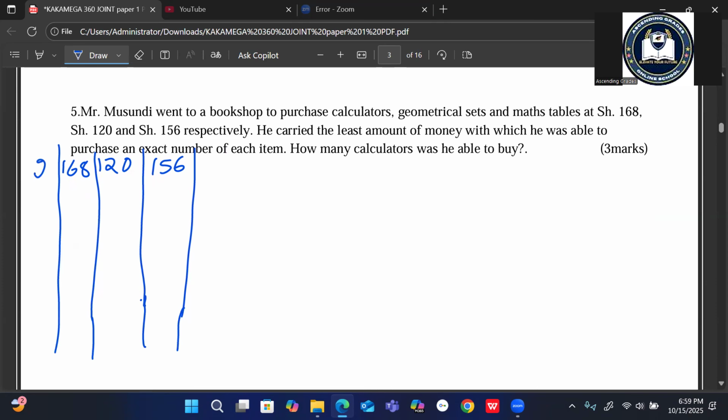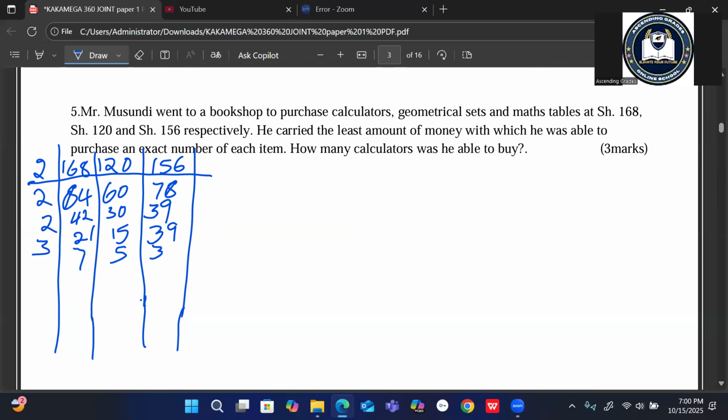We begin by 2: 120 divided by 2 is 60, 156 divided by 2 is 78, and 168 by 2 is 84, giving 84, 60, 78. By 2 again, we get 42, 30, and 39.